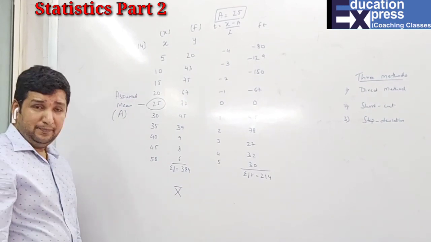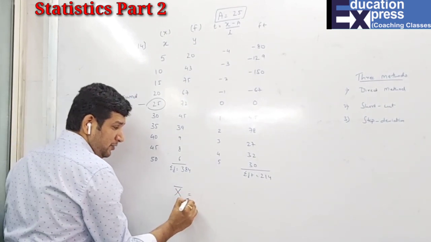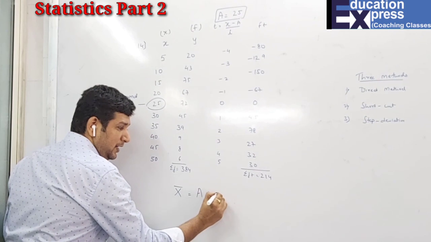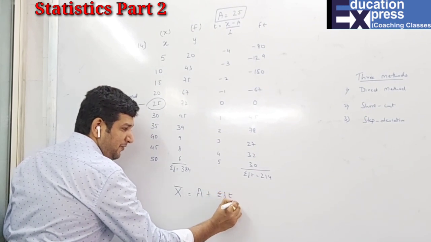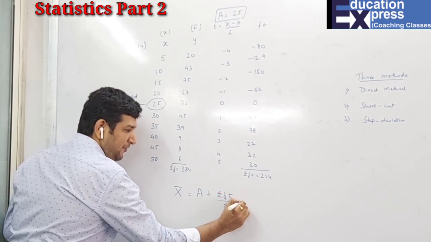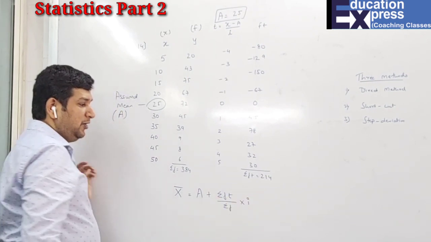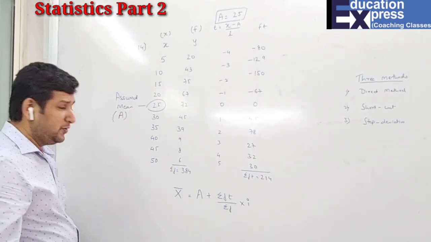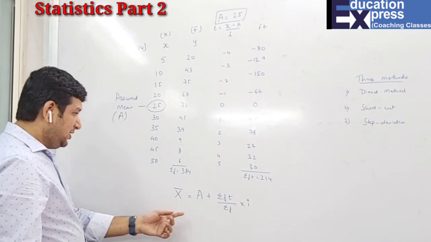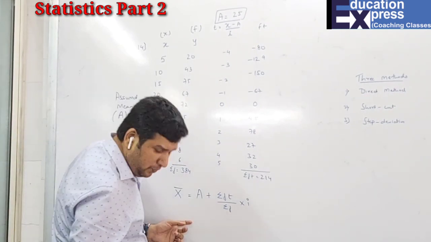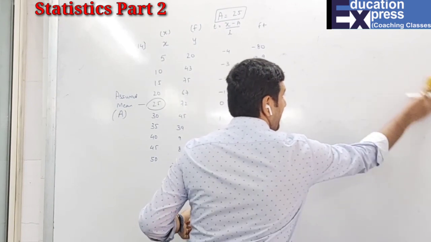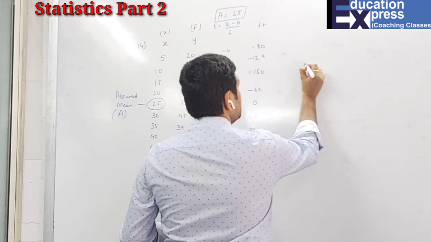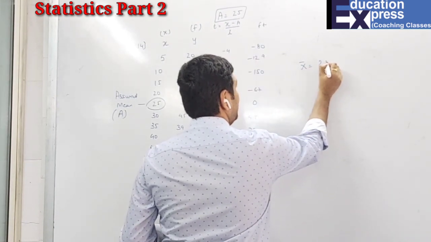Now, to find the mean, we have a formula over here. Assumed mean plus sigma ft upon sigma f into I. You know what I is? The regular gap between two consecutive observations. So now, what is your assumed mean? 25.